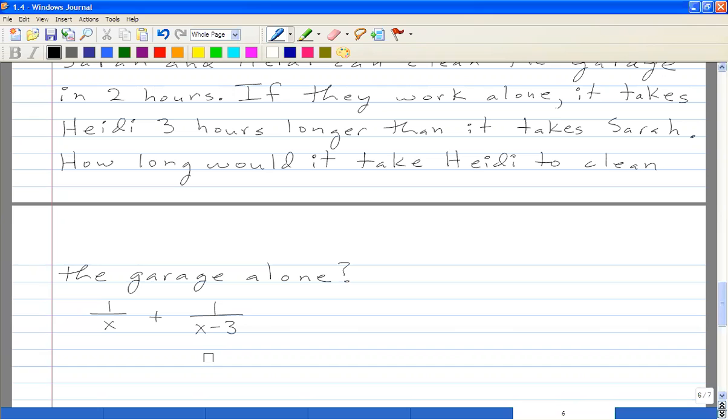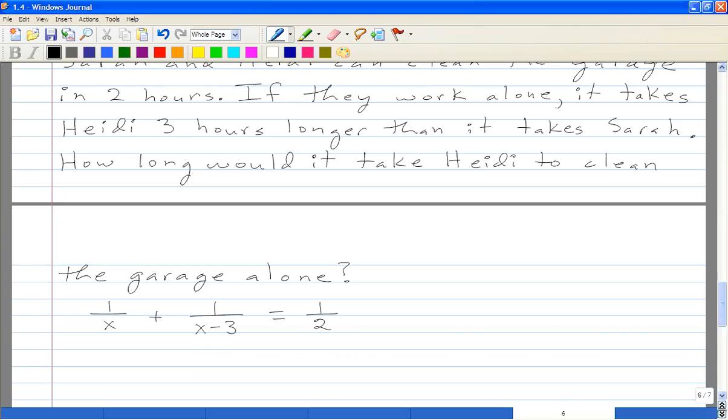So Heidi can clean 1 over x of it per hour, and Sarah can clean 1 over x minus 3 of it in an hour. And together, they can clean it in 2 hours, so they can clean half of it per hour.